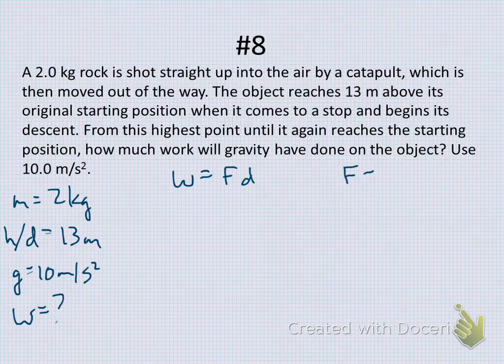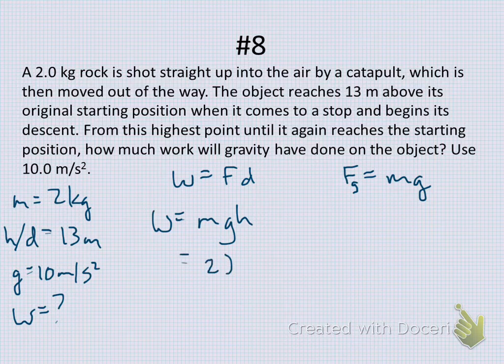Force is going to be equal to, this is actually really a problem that comes from the very beginning of this unit before the first test. Force is equal to, in this case, we're talking about the Fg of the object, so it's going to be mg, so our work is going to equal our mg, really d or h, which of course is our potential energy formula.